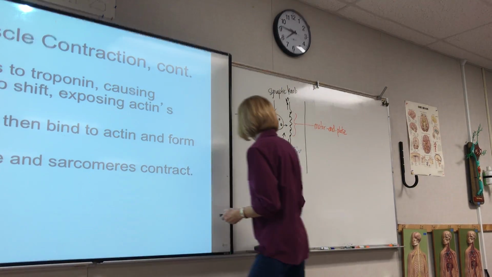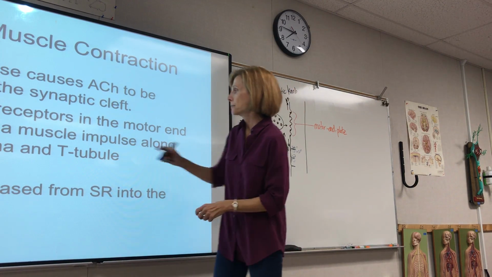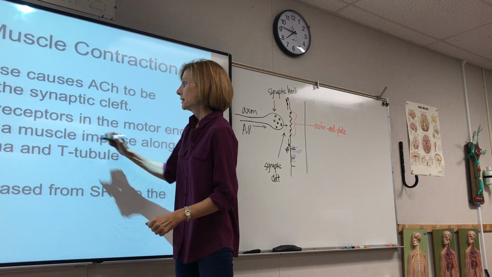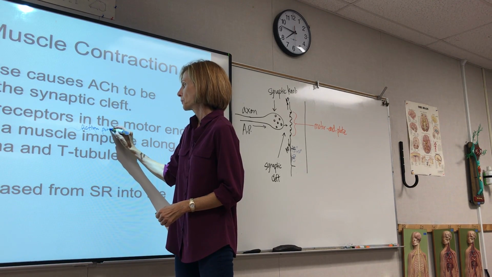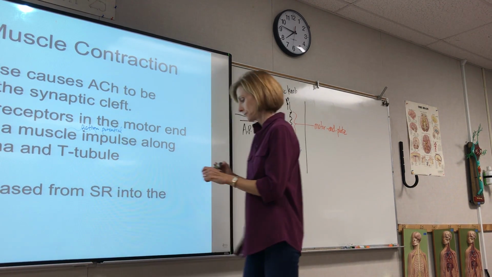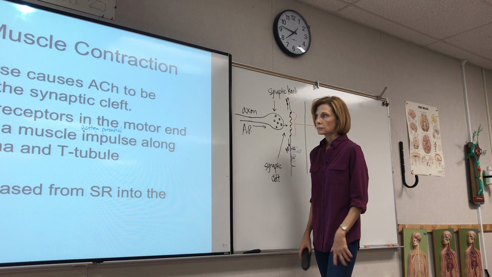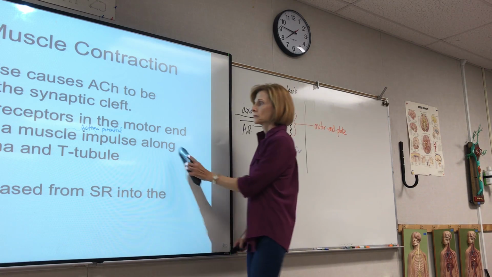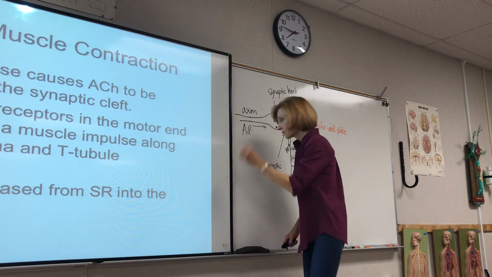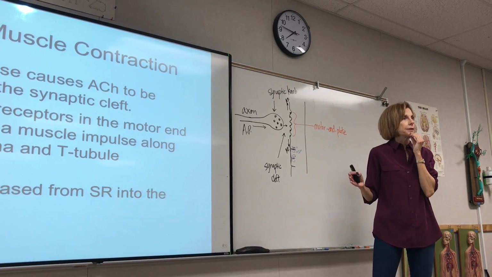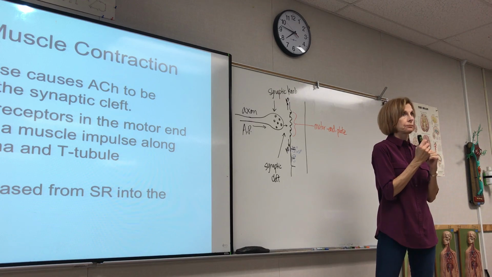And by the way, one more thing here. I just want to clear up in case this is confusing. A muscle impulse, again, same thing as saying action potential. It's just another name for it. So you can think of all of this as one thing triggering the next, right?